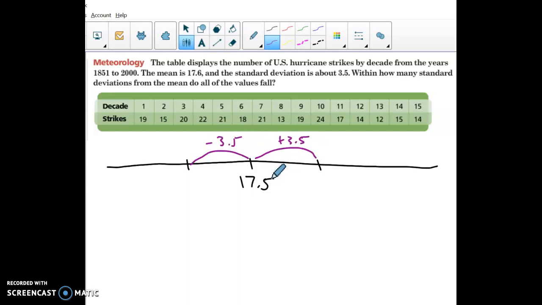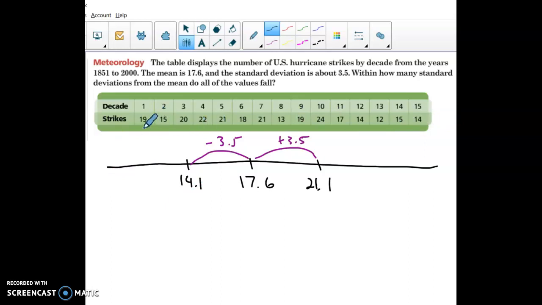Oh, sorry, this was 17.6, not 17.5. That would be nice if it was 5, so the math would come out a little bit easier, but unfortunately it's 17.6. So up here, if I add 3.5, I think that would be 21.1, and down 3.5 here would be 14.1. So we can see, does that cover all of this data, right?